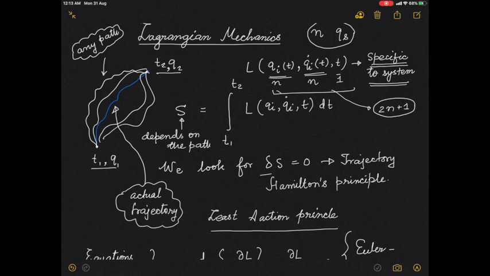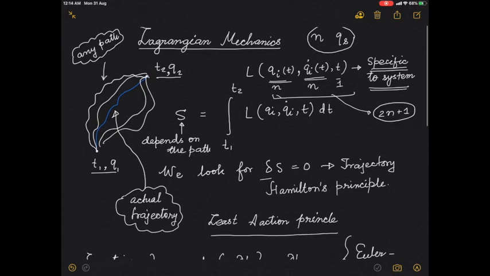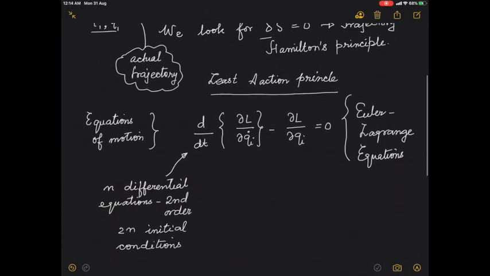They are equivalent. The only difference is that here we are looking at the variation over the entire path, and there we were looking at the variation at each instant of the path. Otherwise, they're actually the same thing.